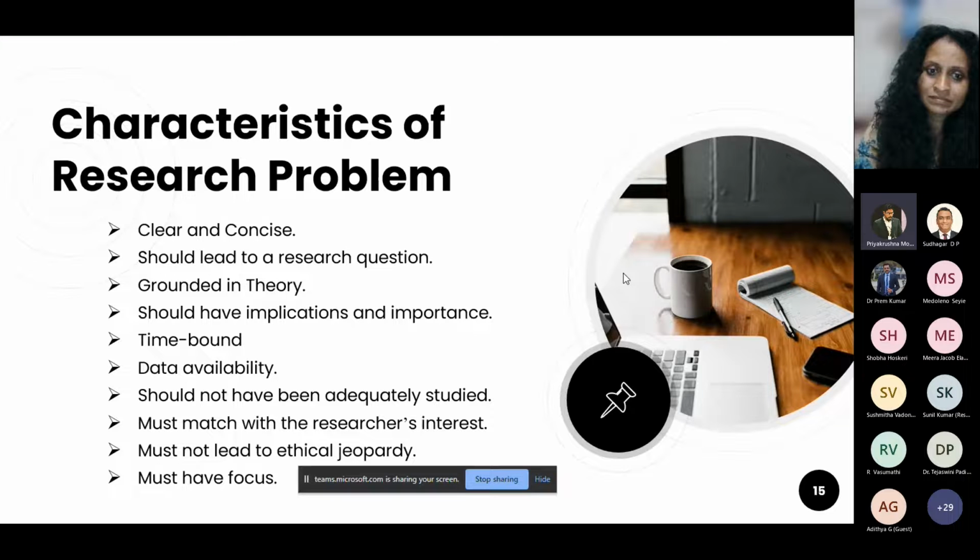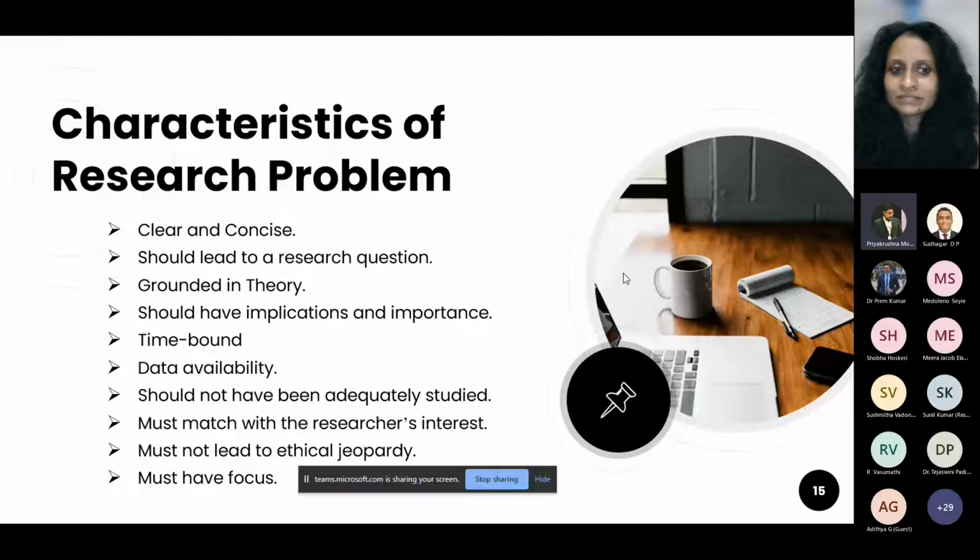Okay, so when I am saying all these things, you must be thinking that this guy is telling you to study something which is already studied. Yes, you have to study something which is already studied, but mind you, that particular aspect has not been studied before. I'll give you an example.